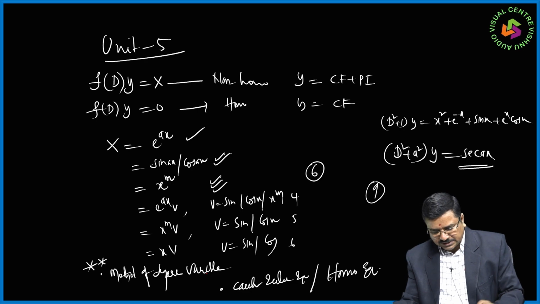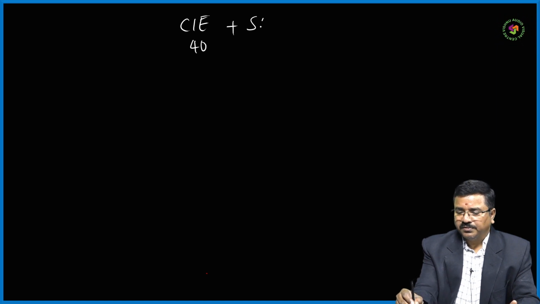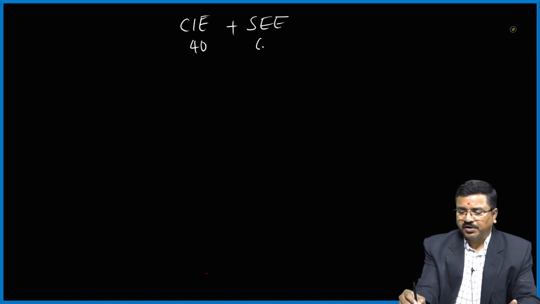Now let's move to the exam point of view. In the examination, what are the expected questions? What type of questions, and the probability of them coming, I will explain unit wise. Generally, we have the internal CIE with 40 marks, and then the SEE, semester end examination, with 60 marks.